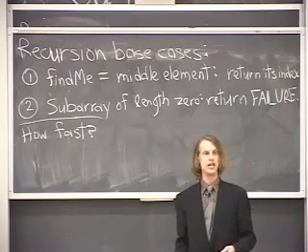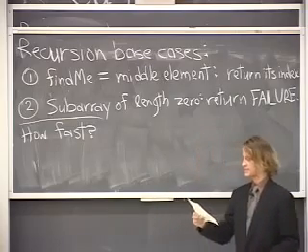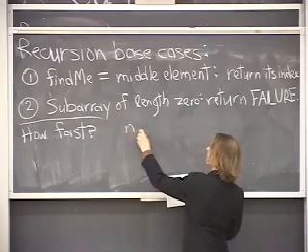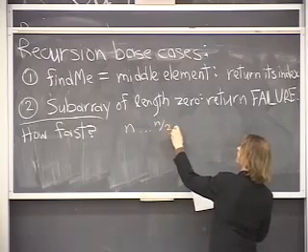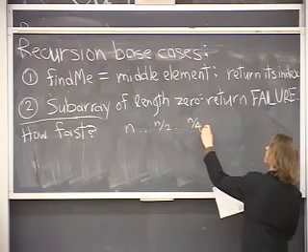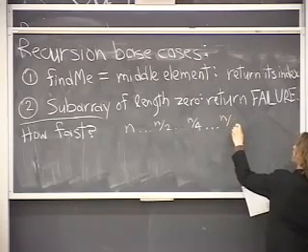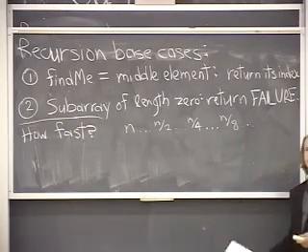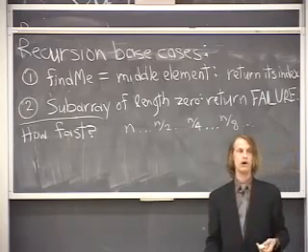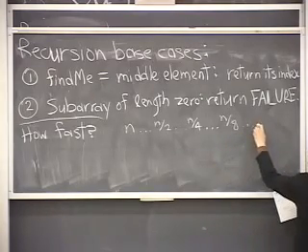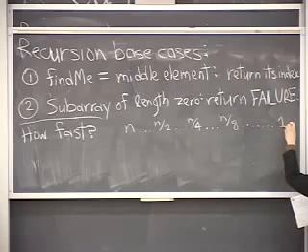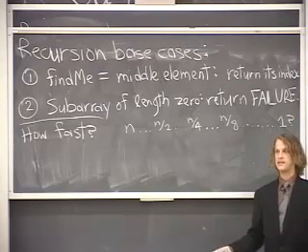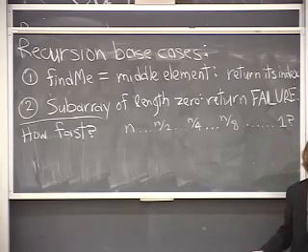And then after 2 checks, we've only got n over 4 elements left. So you can see we start with n things to check, then we've got at most n over 2, then at most n over 4, then at most n over 8, and so on. How many times does bsearch have to call itself before this number gets down to 1 or less? And the answer to that is the logarithm, the base 2 logarithm of n.